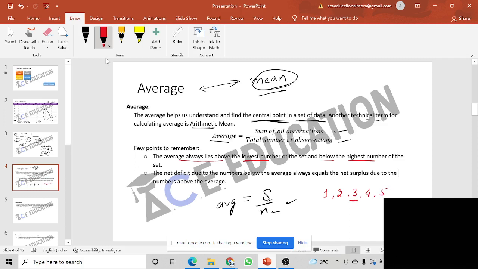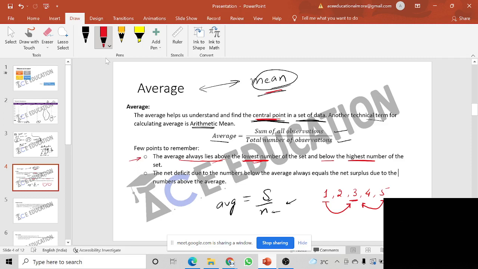The lowest number is 1 and the average is above it. The highest number is 5 and the average is below it. So it will always be the case. Why? Because it is the mean. It is a central point.